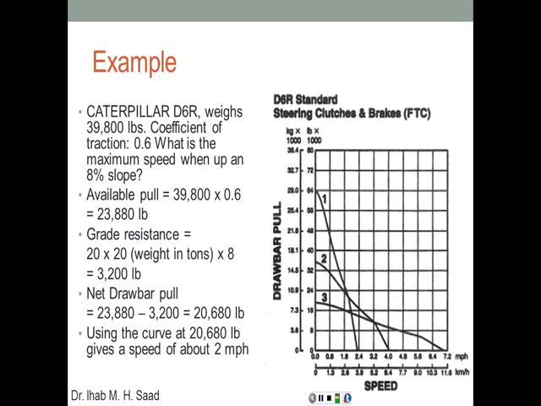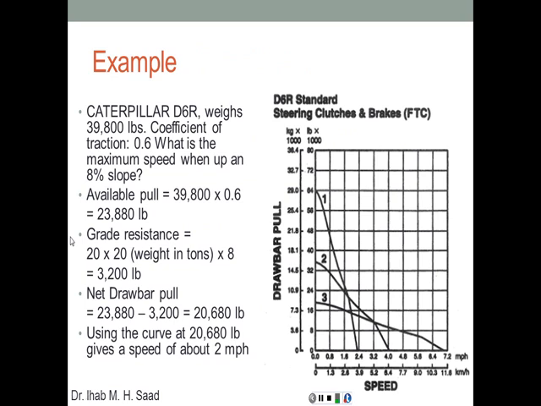We are using a Caterpillar D6R standard. It weighs 39,800 pounds with a coefficient of traction of 0.6. What is the maximum speed when moving up an 8% slope?